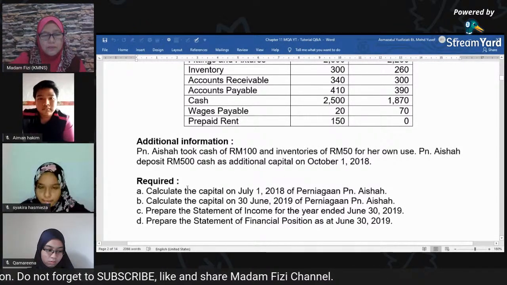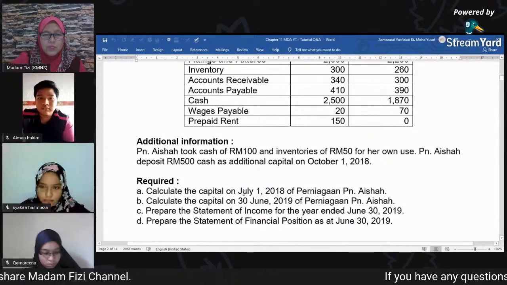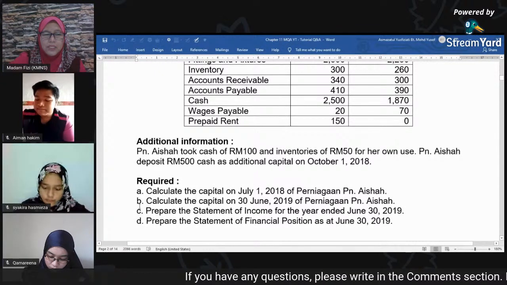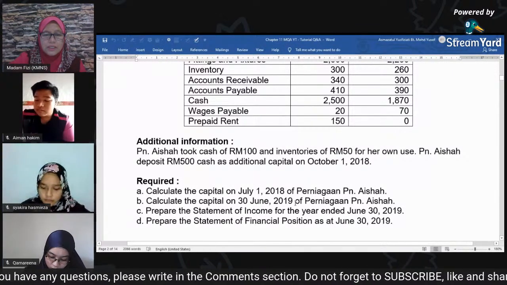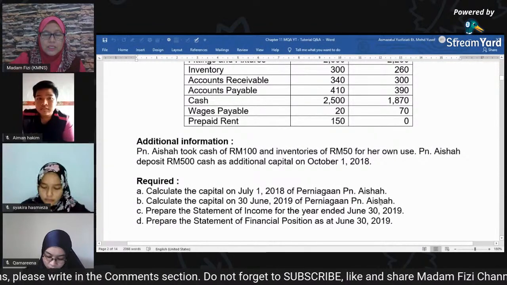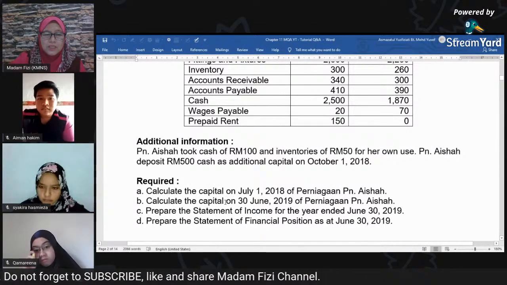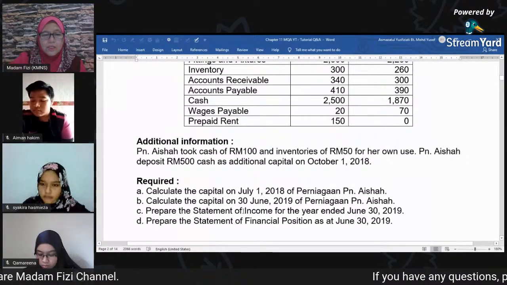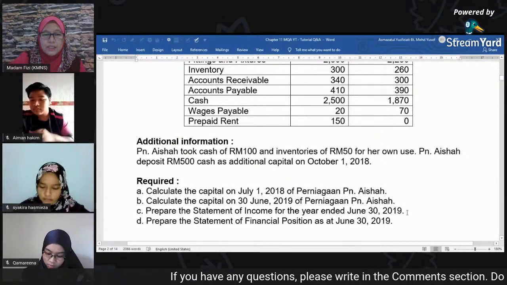Required A, calculate the capital on July 1st, 2018 of perniagaan Puan Aisyah. B, calculate the capital on 30th June 2019 of perniagaan Puan Aisyah. So A is the opening capital and B is the closing capital. C, prepare the statement of income for the year ended June 30th, 2019.